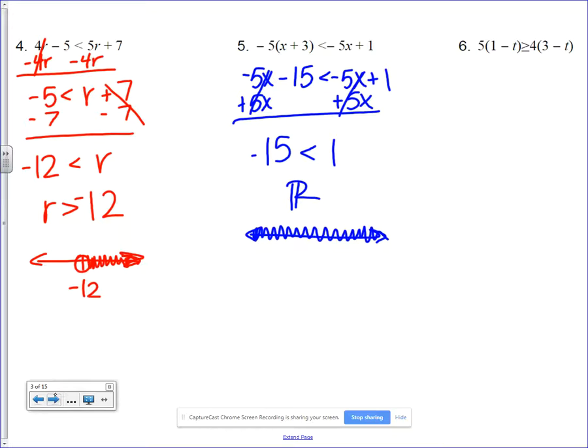All right, Logan, I'm over to you for number 6. Go for it. Parentheses up there, yes? Distribute.